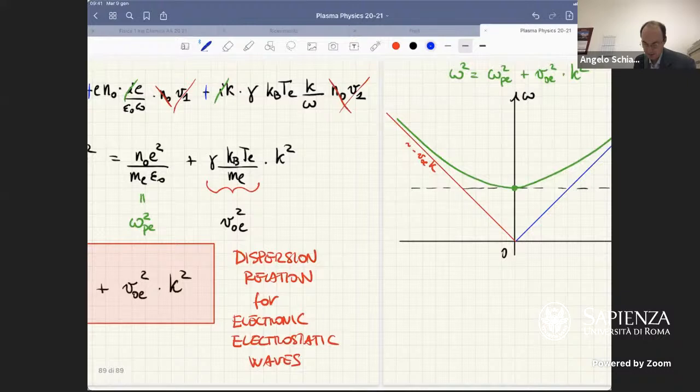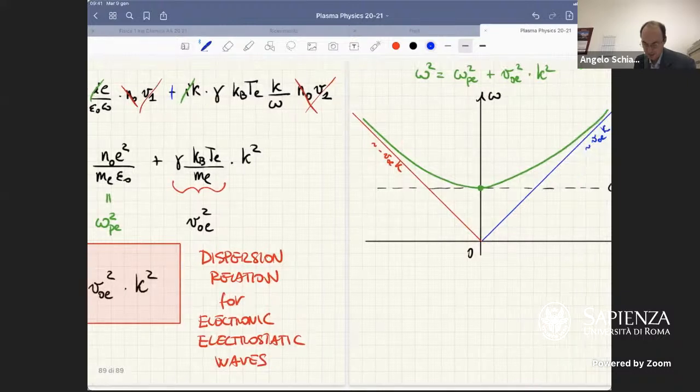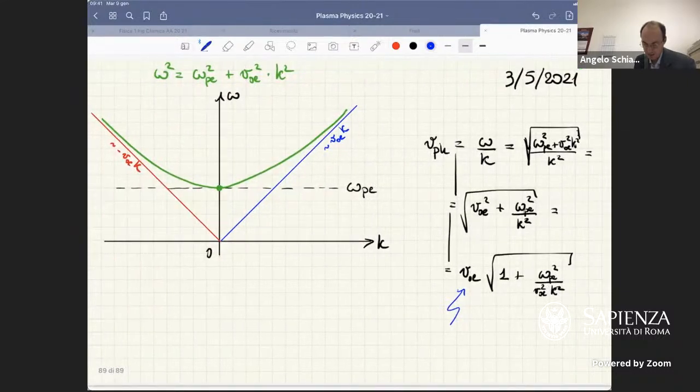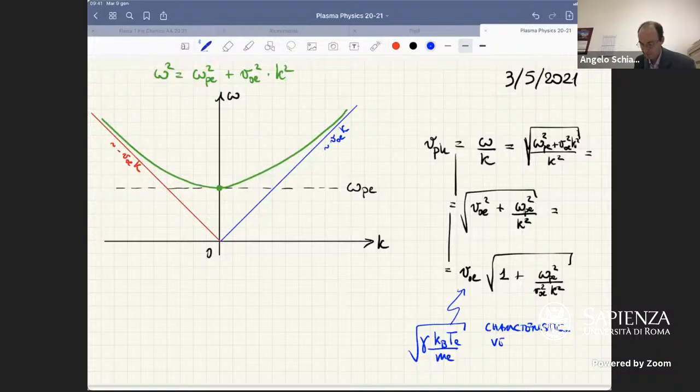This is the square root of gamma kB T over me, and is the characteristic velocity of electrostatic waves.